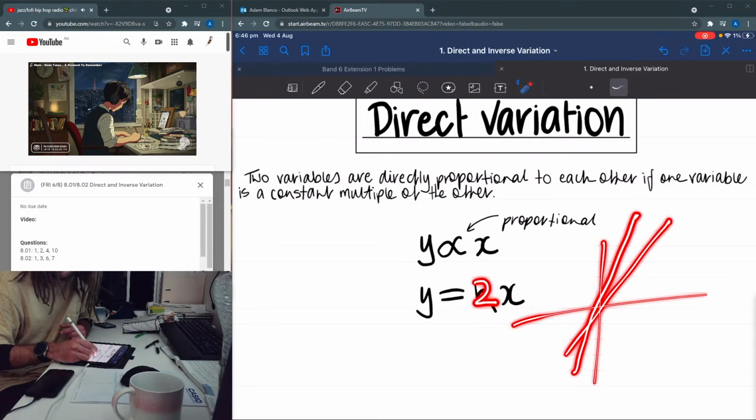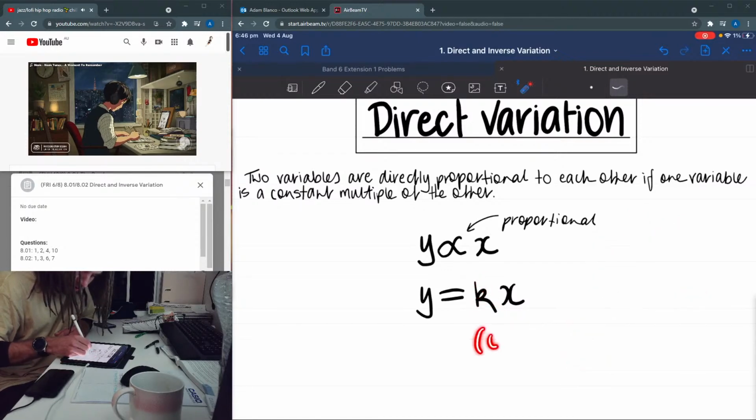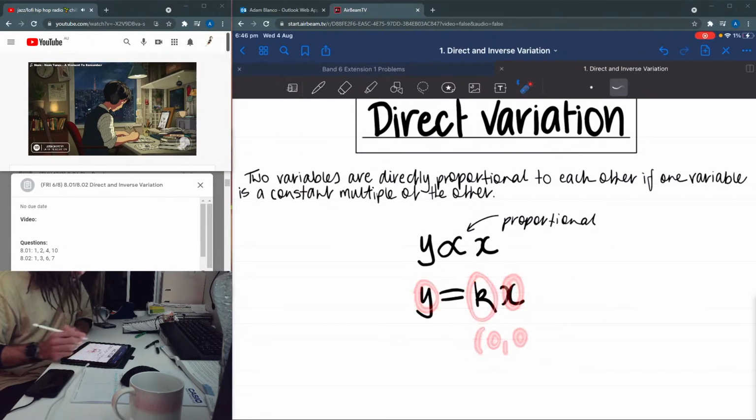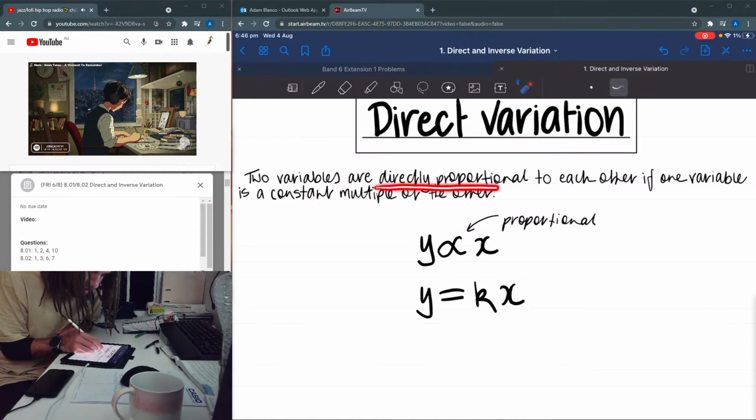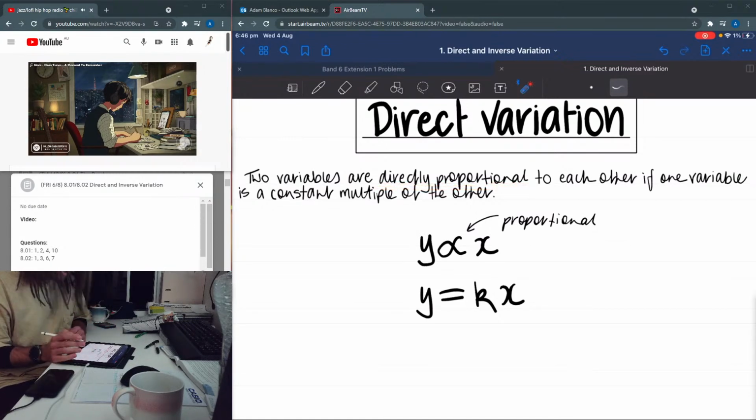There's a few things you can take from these graphs. The first is that they always cross the origin, because the origin is the point (0, 0). If I put 0 and 0 in there, it holds no matter what k is. The second thing is that they're straight lines, so direct proportion means a straight line.